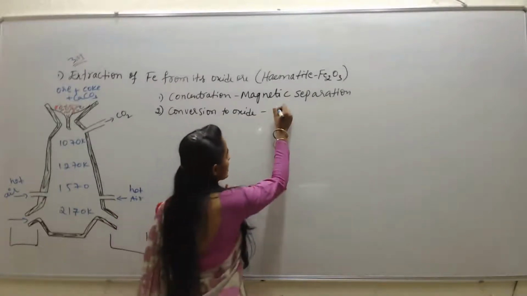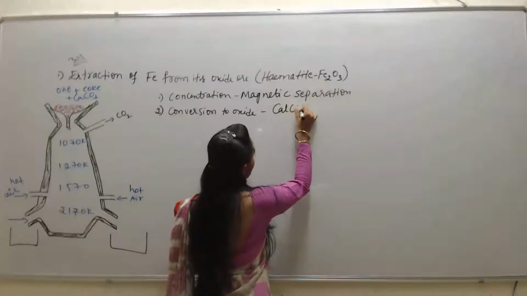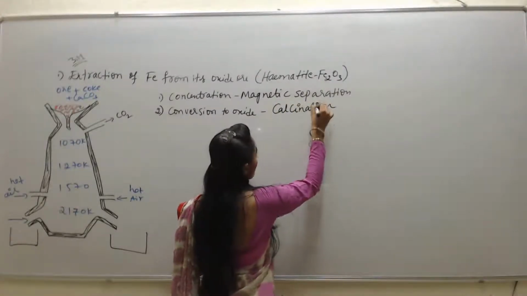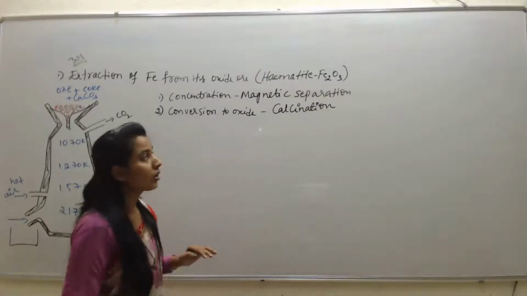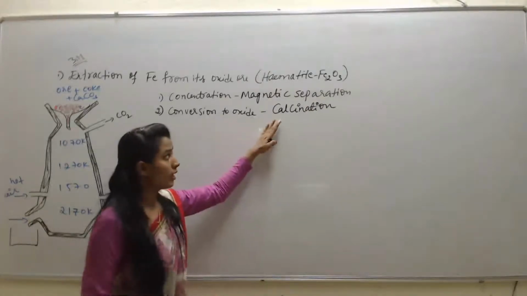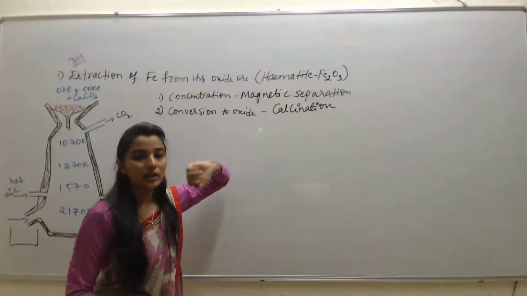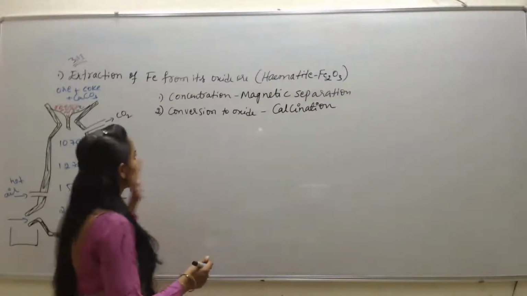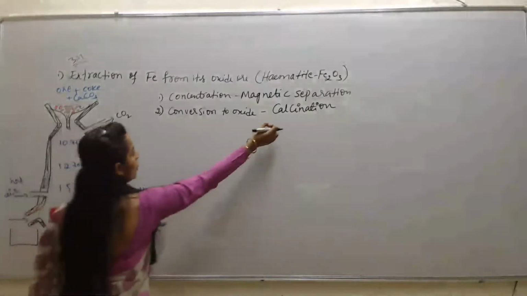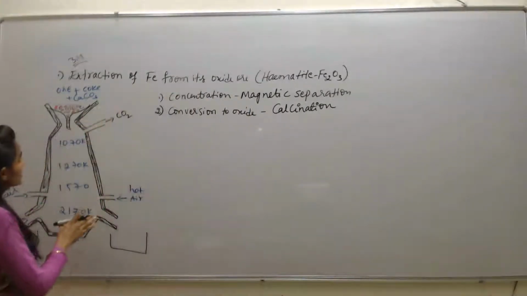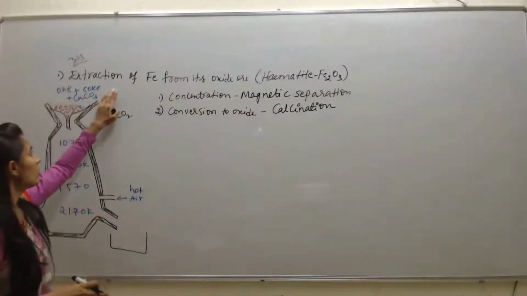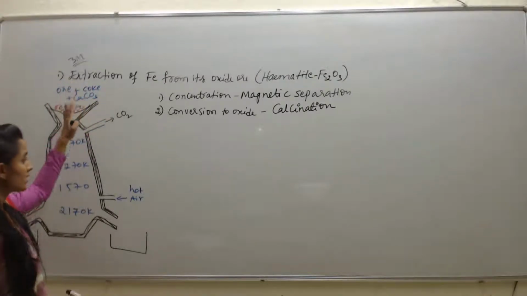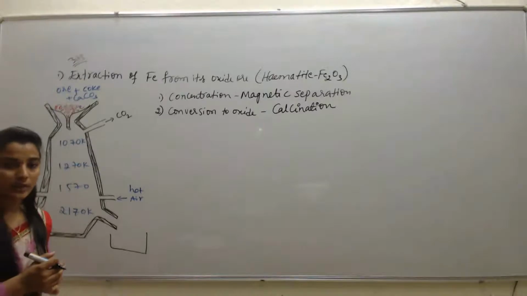That's why we don't need any oxygen or presence of air to burn this or convert it into oxide, it being already an oxide ore. So calcination takes place. Okay, after that this ore is mixed with coal, coke, and calcium carbonate. Then the blast furnace process takes place.